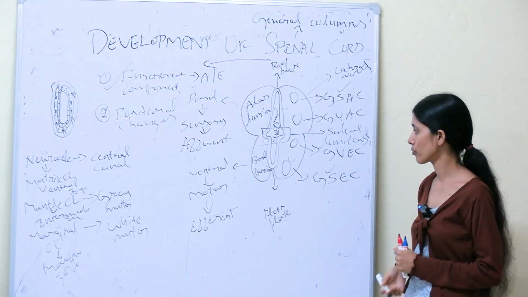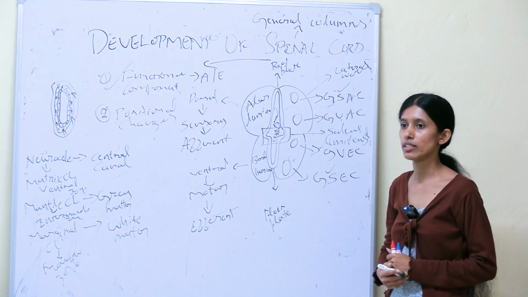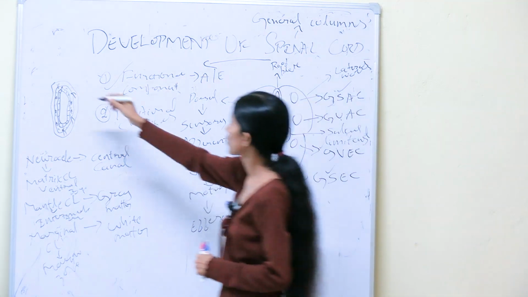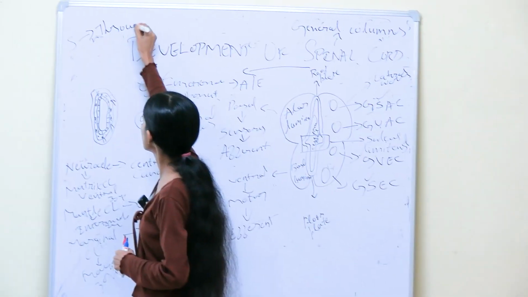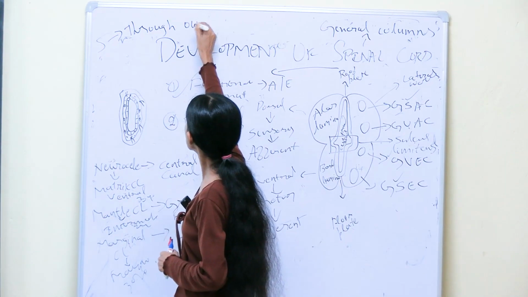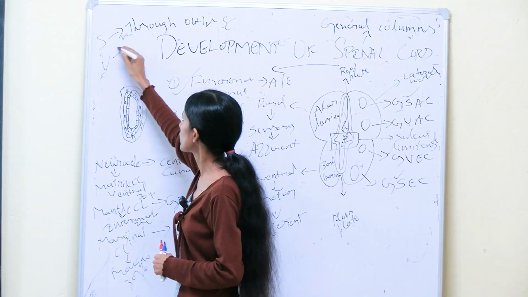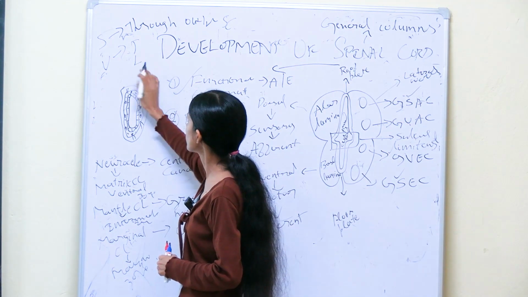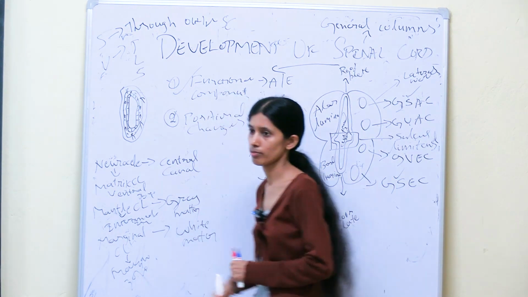Okay. Remember one more point, your somatic columns are present throughout the spinal cord region, whereas your visceral columns can be seen only in the thoracic, lumbar and sacral regions.